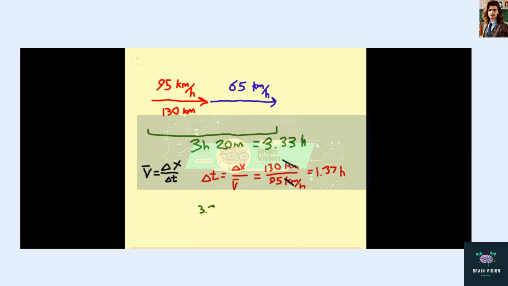The time for the blue leg is going to be the time for both legs together, this 3.33 hours, minus just the time for the first leg, the 1.37 hours.